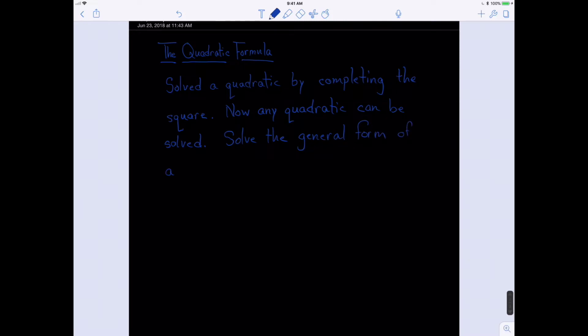The result is called the quadratic formula. Let's take a look at how to do this.